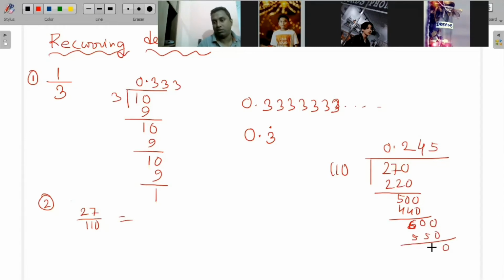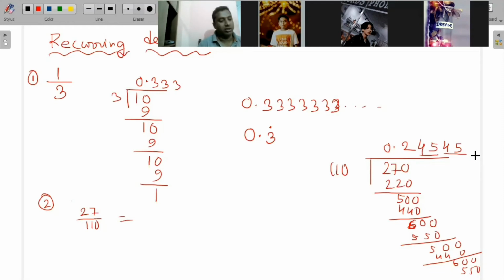Now it is becoming 5 0. How many times? 4 times, 440. Now it is becoming 60, 600. Now 5 times, so 550. Now see, 4 5 4 5. It's repeating 4 5.